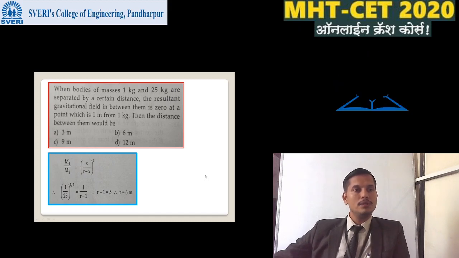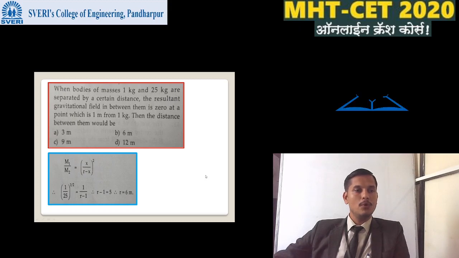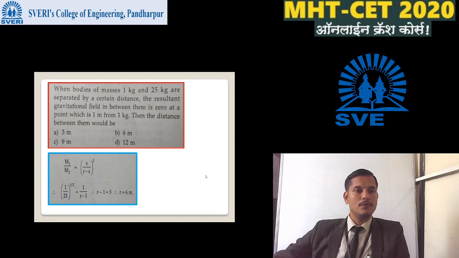When bodies of masses 1 kilogram and 25 kilogram are separated by a certain distance, the resultant gravitational field in between them is 0 at a point which is 1 meter from the 1 kg mass. Then the distance between them would be... Here we consider the masses M1 and M2 as 1 kg and 25 kg.